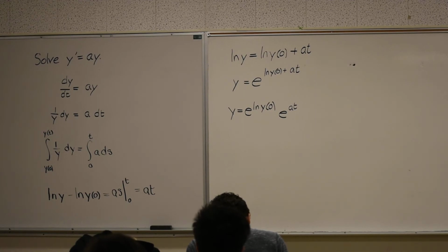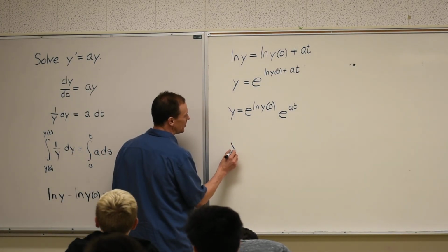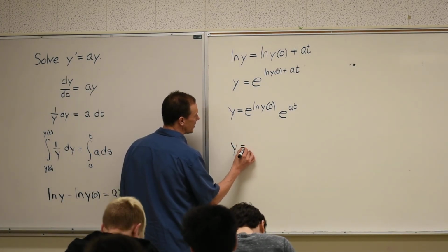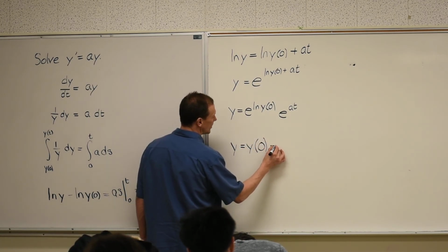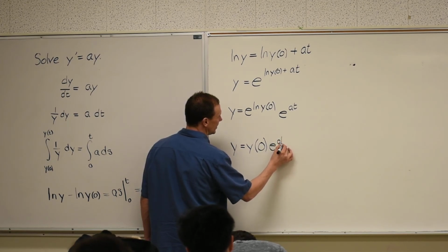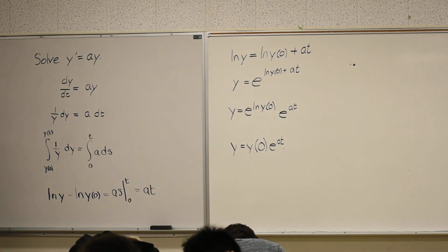One last step, what would that be? What is e to the natural log of y of 0? Well, this is y equals y of 0 times e to the a t. And is that the solution that we expected? Yeah, that's the solution that we expected.